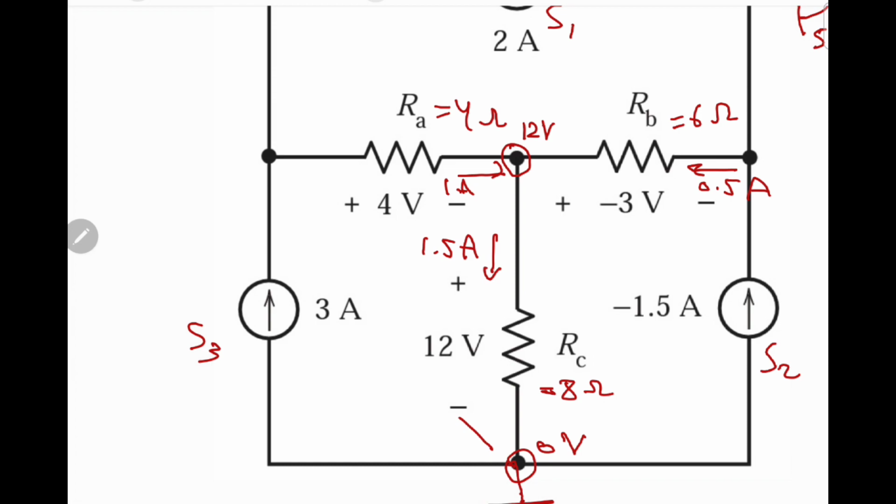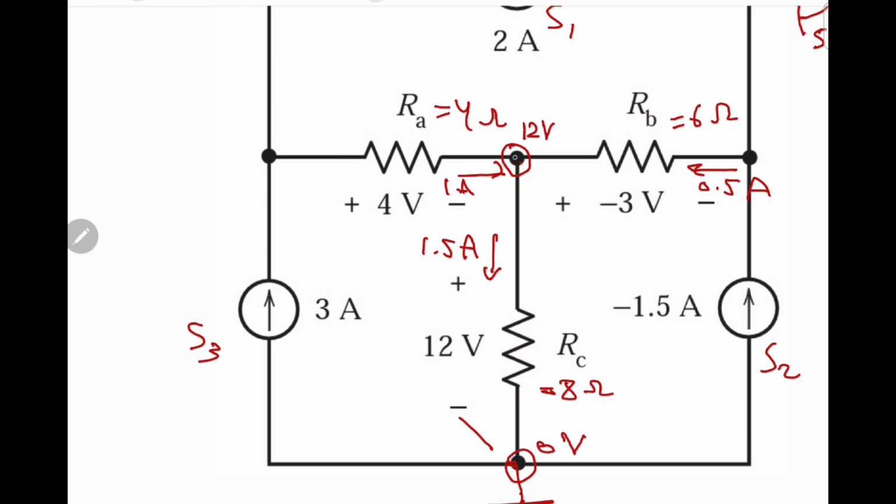So this node, if you measure it with reference to 0 or with reference to the ground, it will show you 12 volt in the voltmeter, because there is a 0 here, 12 volt difference drop on RC, then this is 12. So if you go from high level to low level, 12 volt is delivered to RC, and then at the end there is a 0.